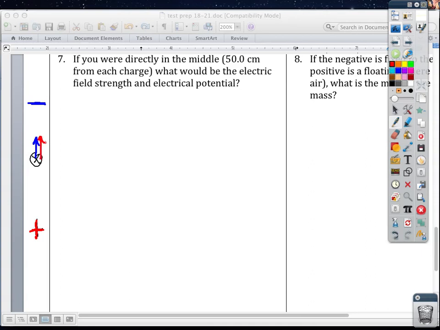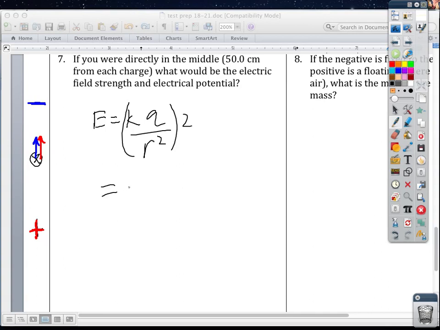So what I'm doing is I'm actually getting twice. Now, what is true about the magnitude of the charge on each one? It's the same. What is true about the distance? Same. So I can just say that E is kQ over r squared, and I can just multiply this by 2.